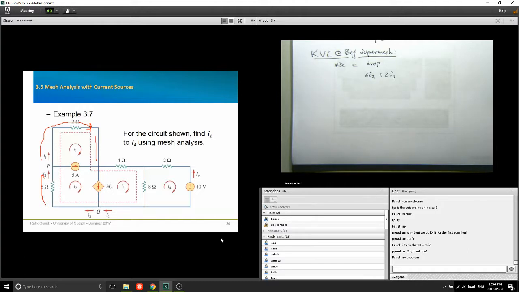Okay, there's nothing going like that. And then I'm going to go like this. Now here I have a drop in the direction of small I3, which is 4I3.